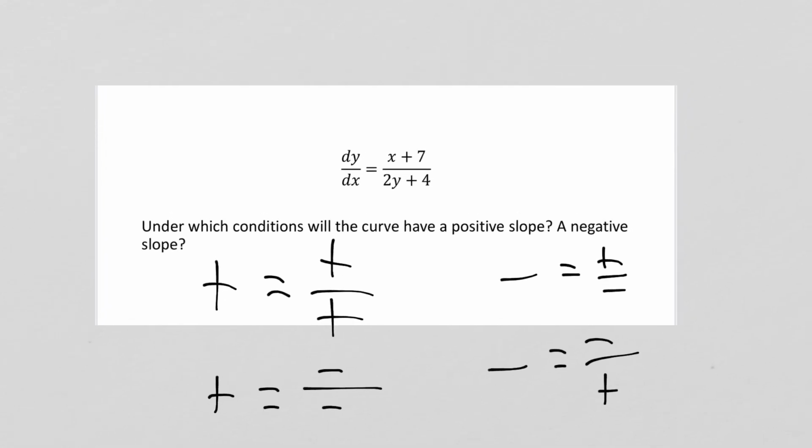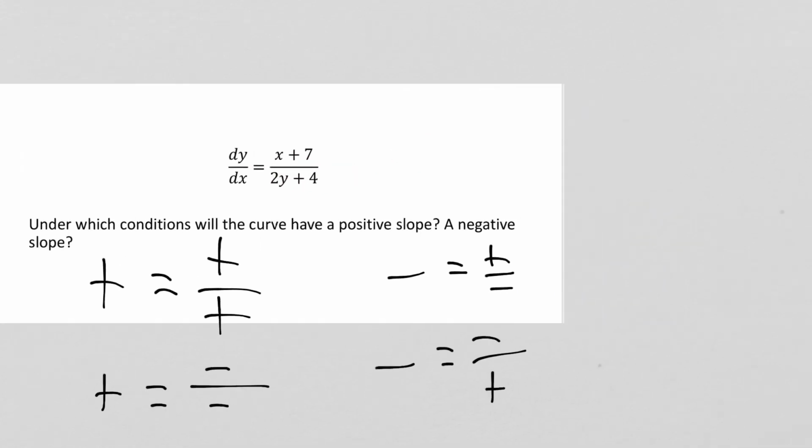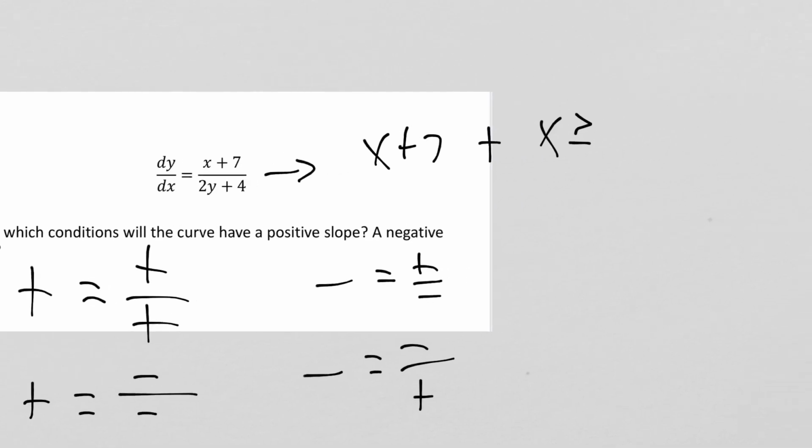So let's first handle the positive case. When are both of these positive? Okay, well, x plus 7 is positive when x is greater than negative 7, right?